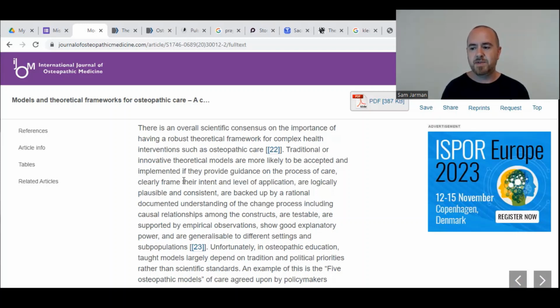Traditional or innovative theoretical models are more likely to be accepted and implemented if they provide guidance on the process of care, clearly frame their intent and level of application, are logically plausible and consistent, are backed up by a rational, documented understanding of the change process, including causal relationships among the constructs, are testable, are supported by empirical observations, show good explanatory power, and are generalizable to different settings and subpopulations.